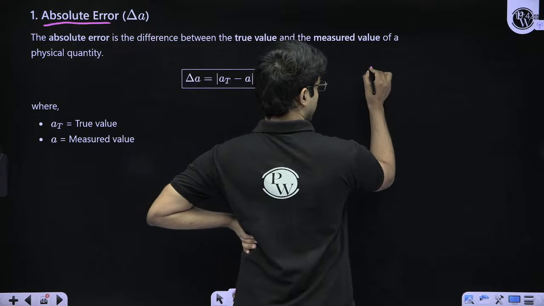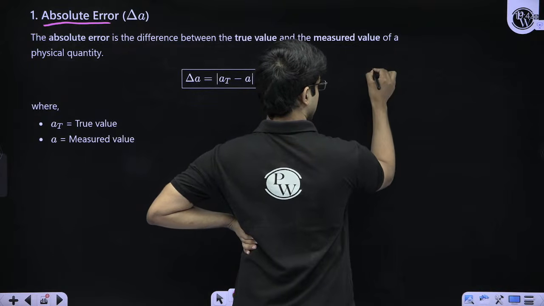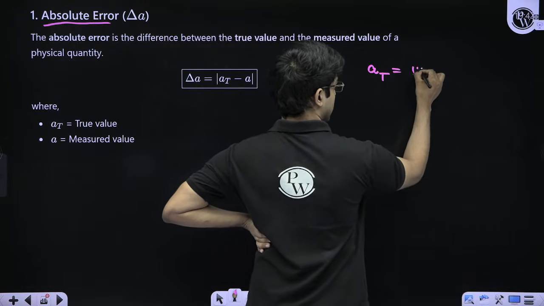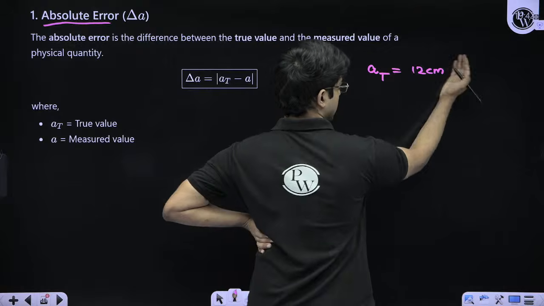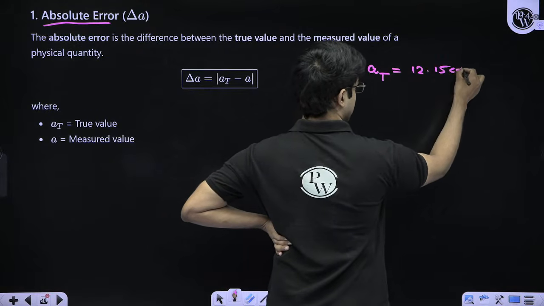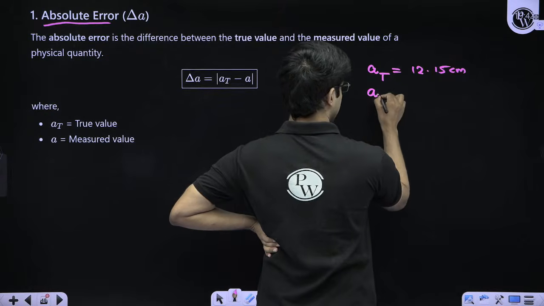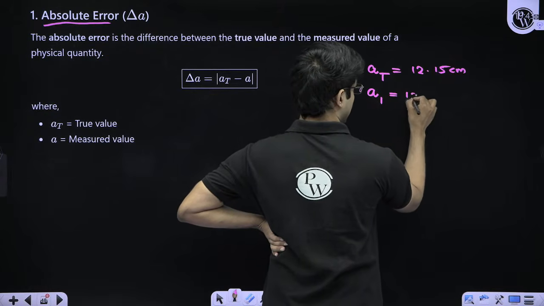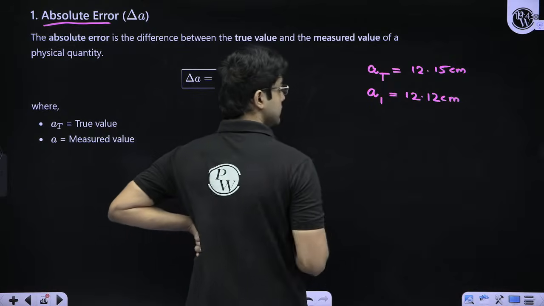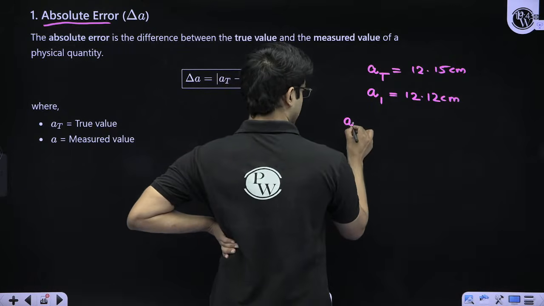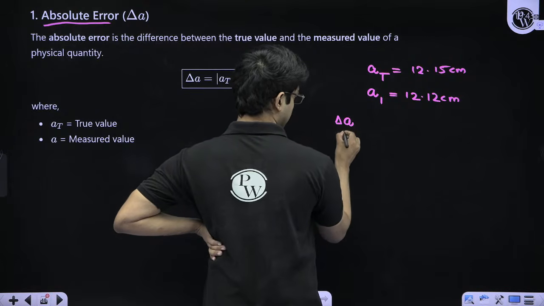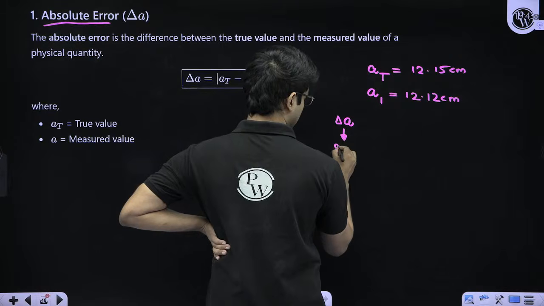So let's say the true value is 12.15 centimeter. And let's say the first reading was 12.12 centimeter. So in this case, the absolute error, we will denote it using delta A. Okay, delta A means absolute error.